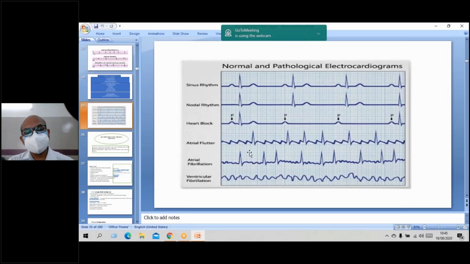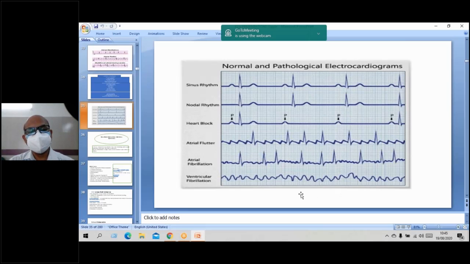The ventricular activity is irregular, but the ventricle still produces QRS complexes.